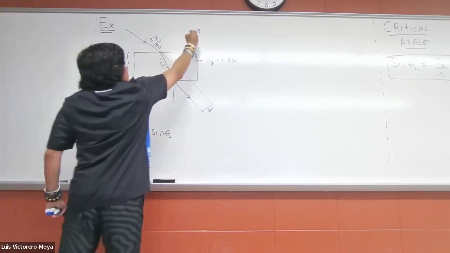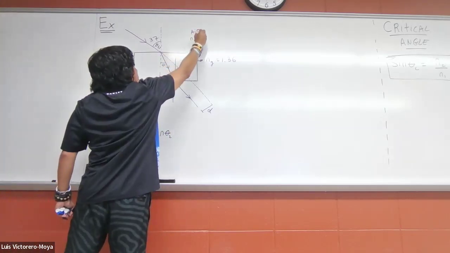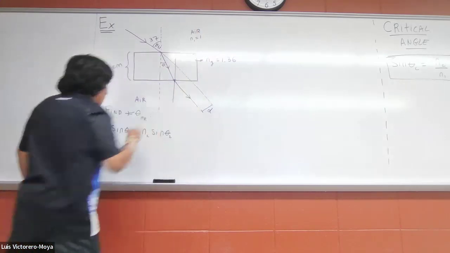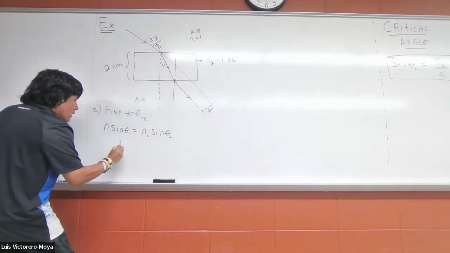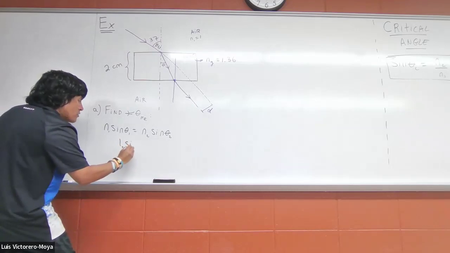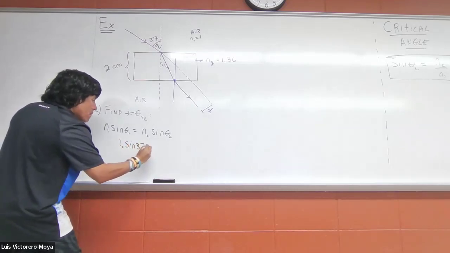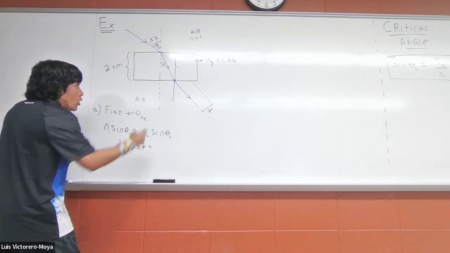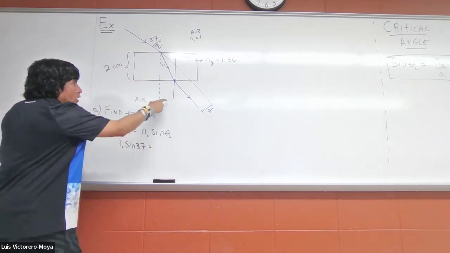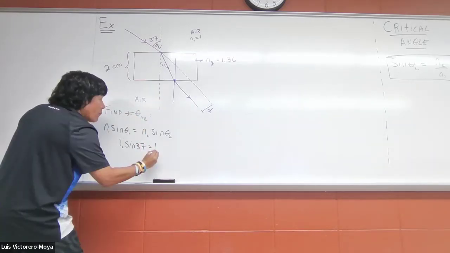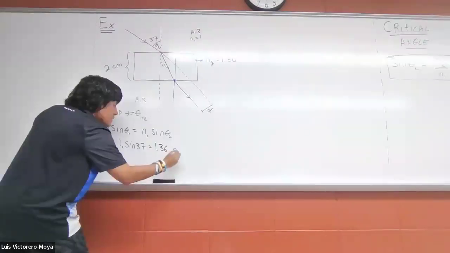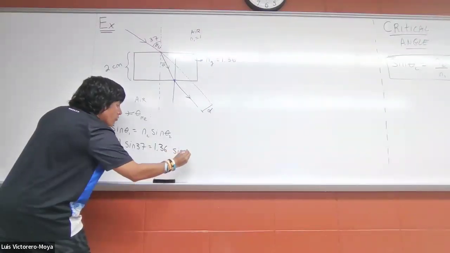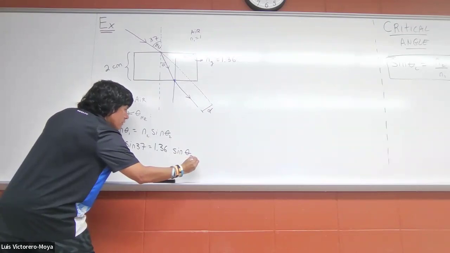Now, n of air is equal to 1. That's n of glass. So 1 times sine of 37 is equal to n of glass, 1.36, times sine of theta refracted.